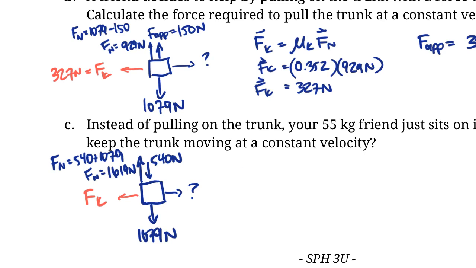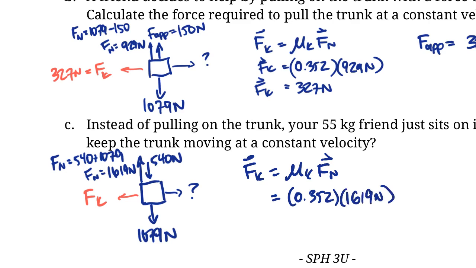So again, let's calculate. The kinetic friction is just going to be mu k times the normal force. In this case, mu k, again, we're going to assume 0.352, the normal force of 1619 newtons. So we're going to get 0.352 times 1619, which is 569.8. Let's round that to two significant figures, 570 newtons.